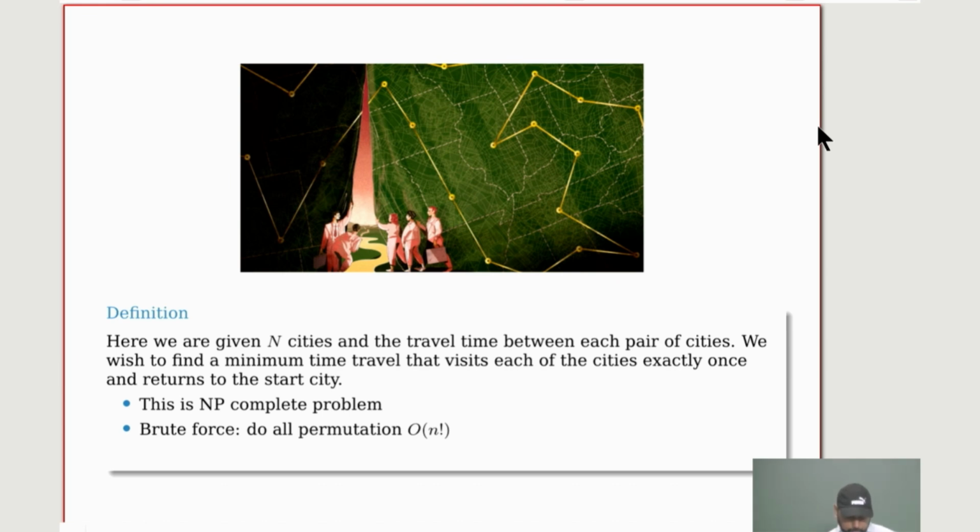If you go by brute force, then you may do all possible permutations of the cities that you want to visit. All possible permutations of n cities will be n factorial. So you go to one city, and then you have n minus 1 choices for the second one, and n minus 2 choices for the third one, and so on. So basically n factorial, and as you know, n factorial grows very fast.